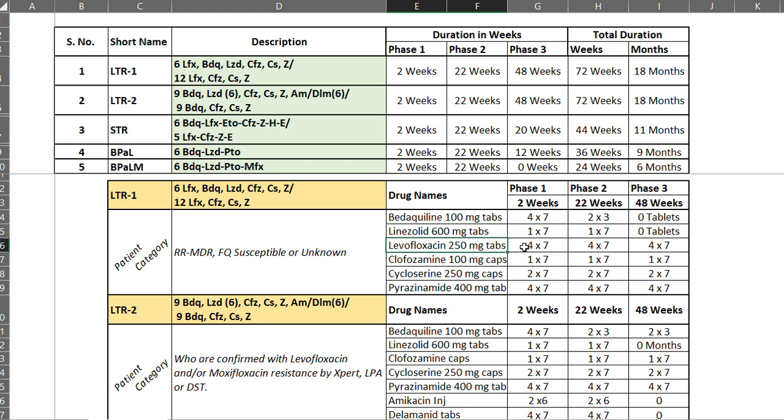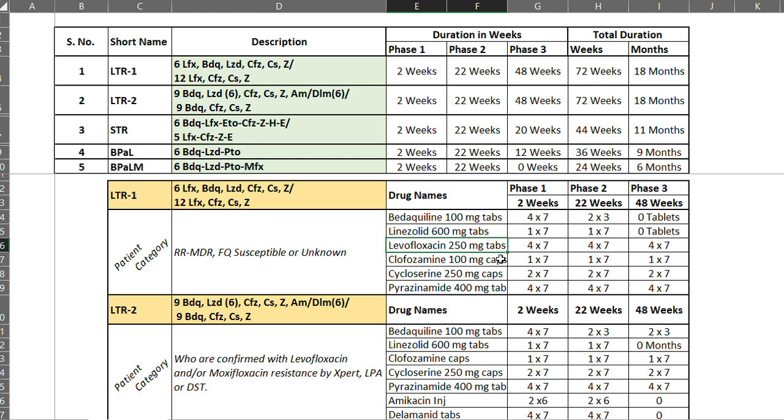Levofloxacin will be given as 4 tablets daily for 7 days a week during the first phase, that is 2 weeks, then 4 tablets per day for 7 days a week for the next 22 weeks, and then again 4 tablets per day for 7 days a week during phase 3. So levofloxacin 250 milligram will be used the same from the first day to the last day of the treatment.